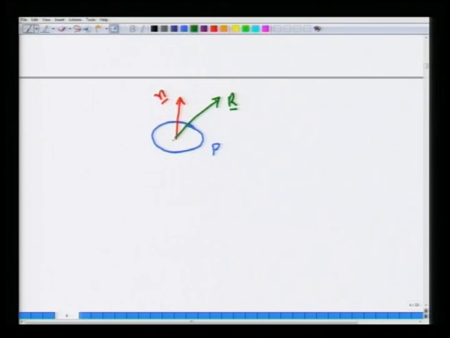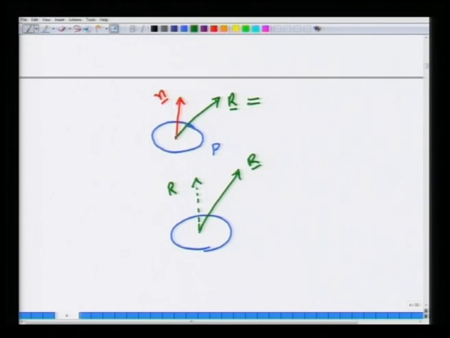Okay. This is the area. Now, this R is the force, and that need not in general be in the direction of the normal, but it will have a component in the direction of the normal. So, I am going to draw this again here. So, this is R. The component of R in the direction of the normal is called the normal force per unit area.